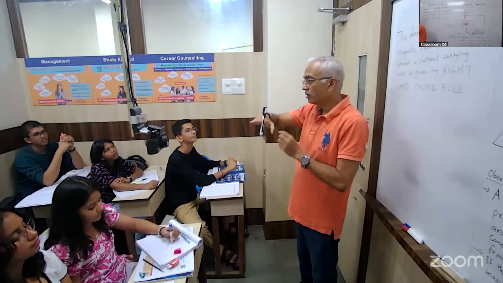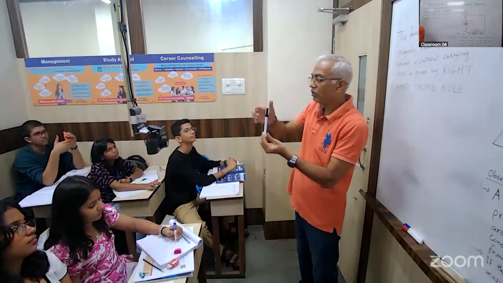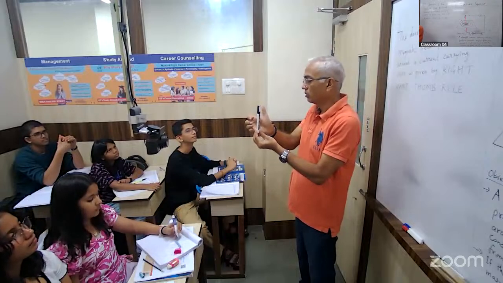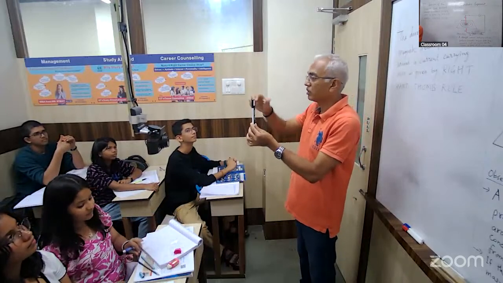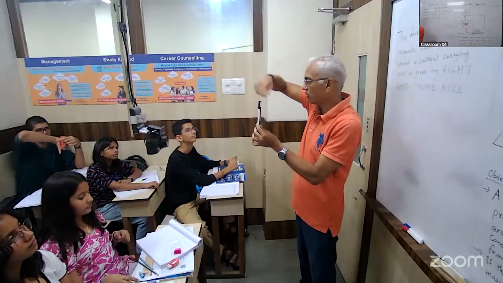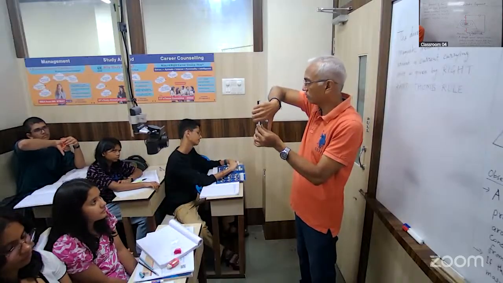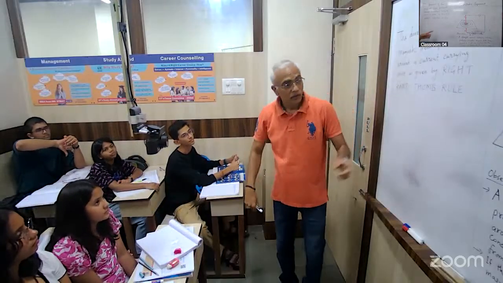Is that clear? As per right hand thumb rule. Now if the direction of the current is reversed, the thumb goes down and you get clockwise. The finger has to curl around the wire. Clear? So this is what it is.